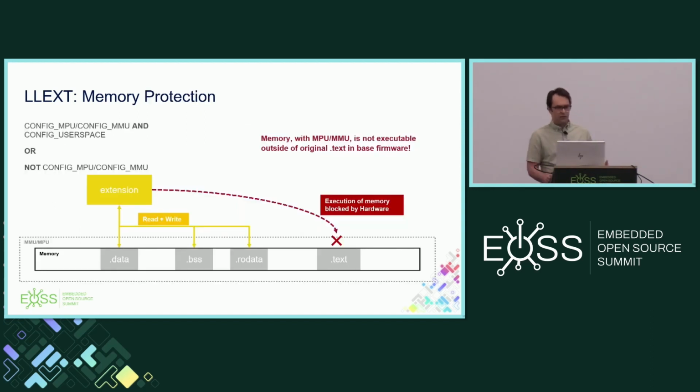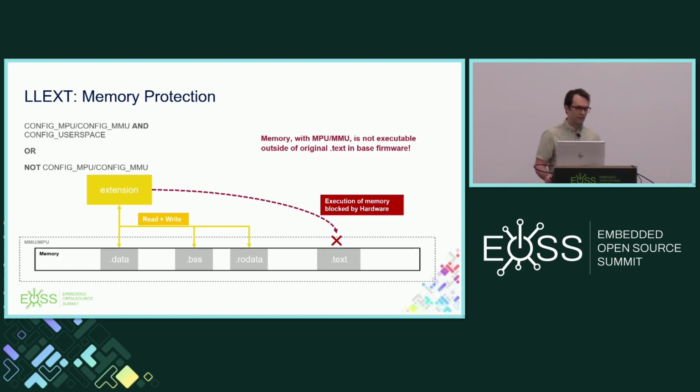So when we load all this stuff up initially in Zephyr, there are two options that we can do today. We can either enable user space, if we have our MPU or MMU enabled, or we can just not use any sort of hardware memory protection. The big part of that is, if we would like to actually execute code in an extension and jump to a random address, basically we just load our ELF file, we copy things in somewhere, and I say, oh, jump to my hello world function.